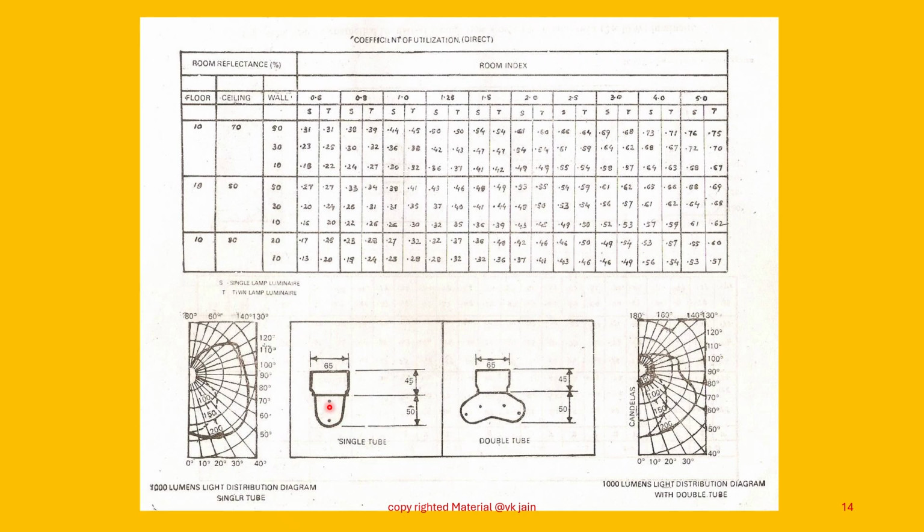This is known as box type fitting, having single tube, and this is having double tube, and these are the two polar curves of this particular box type fitting.